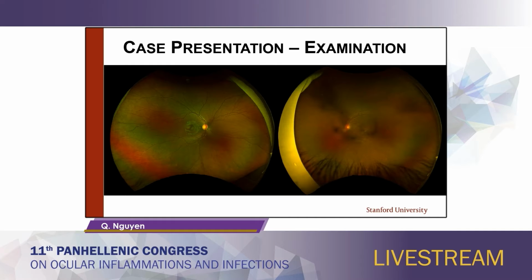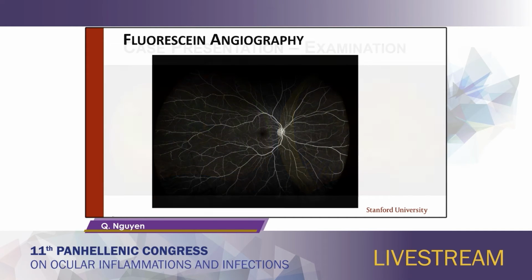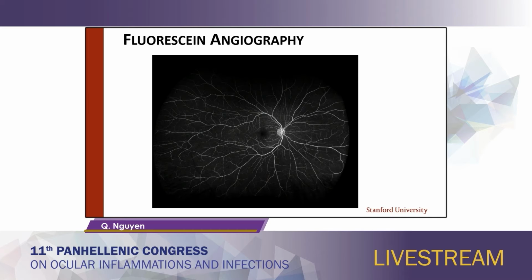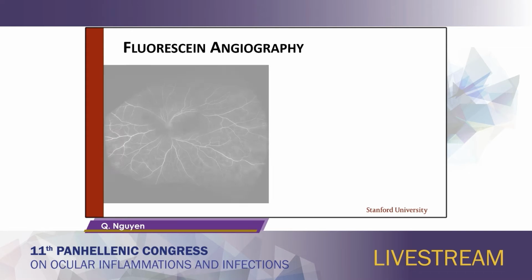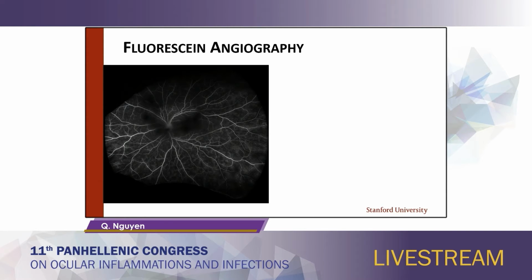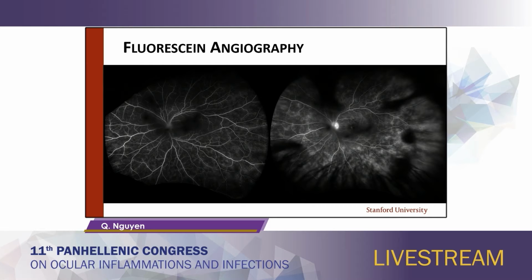There were no frank chorioretinal lesions seen. Fluorescein angiography of the right eye showed normal vasculature. Fluorescein angiography of the left eye showed early evidence of optic nerve and perivascular leakage, which became quite significant in the later phase.